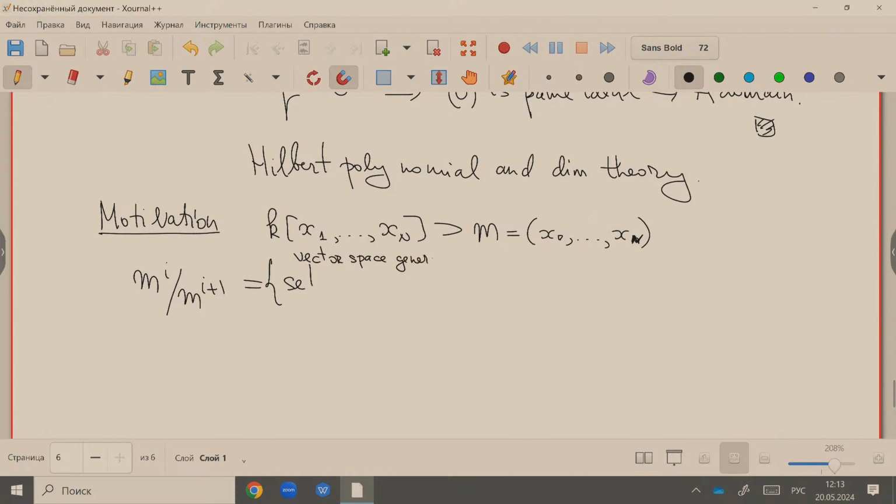monomials of degree exactly i. And having this vector space, you can calculate the number of such monomials.